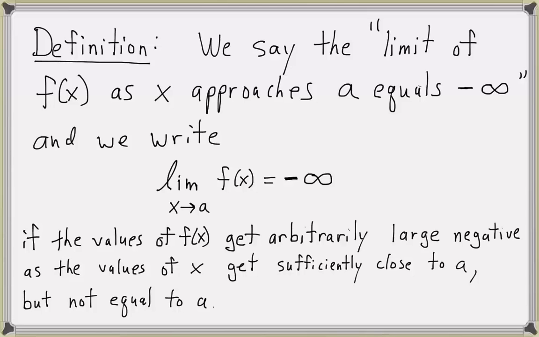So the intuition is that the values of the function get arbitrarily large negative. So on the graph, the y-coordinates are getting lower and lower, and we say that the limit of f of x equals negative infinity in this case, as x gets really, really close to a number a, but not equal to a.